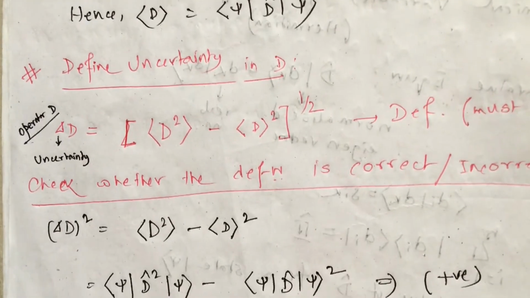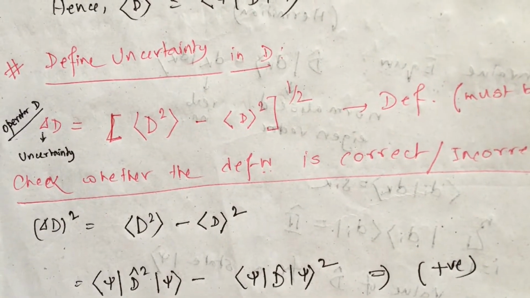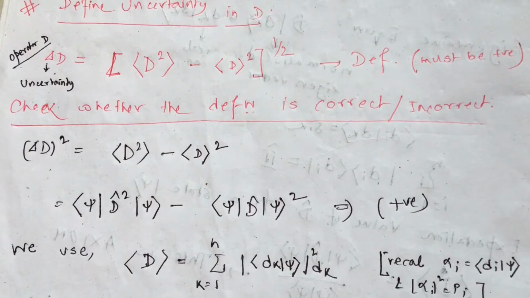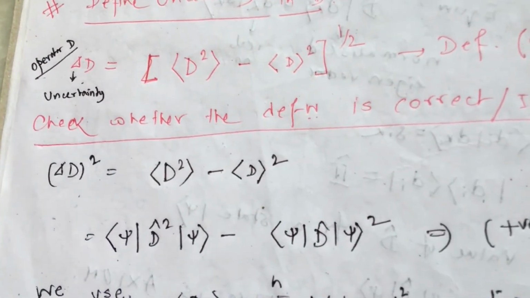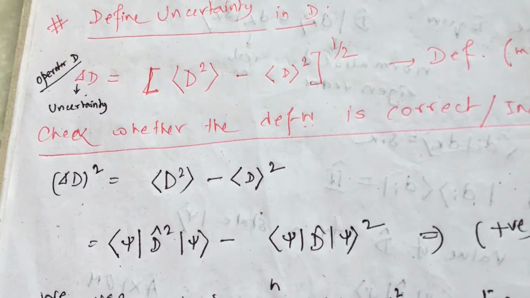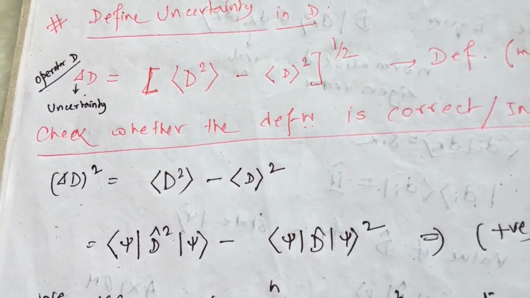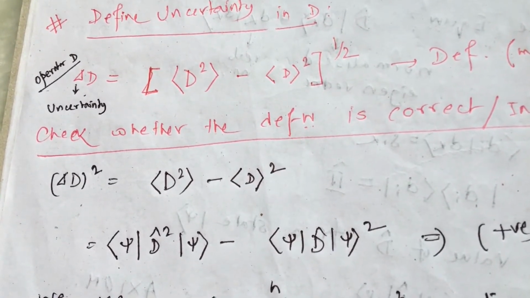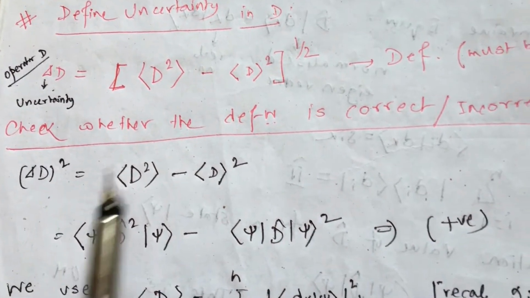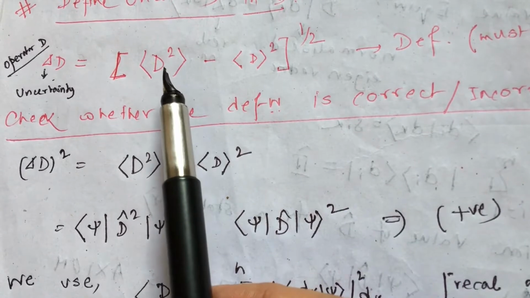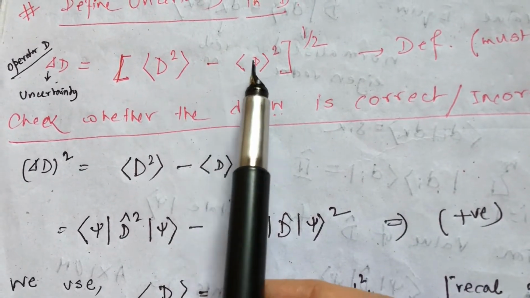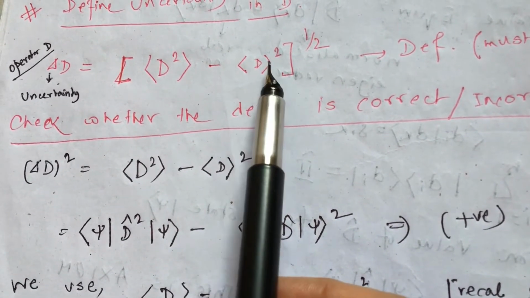Now let's define the uncertainty in the dynamical variable D. This is the uncertainty delta D, uncertainty in the measurement of the dynamical variable D, and this is defined as the square root of the expectation value of D square minus the expectation value of D and then the square of it.